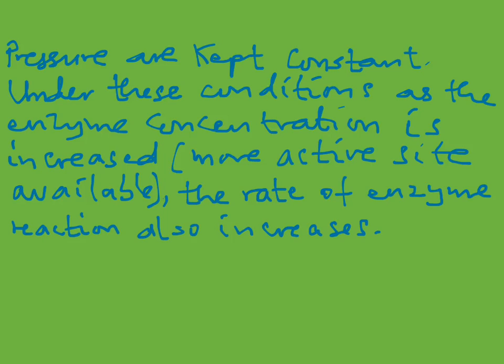And when all the active sites are occupied and no substrate is found in the medium any longer, even if we increase the concentration of the enzyme, the reaction will not continue because there will be no substrate to bind on the active site.